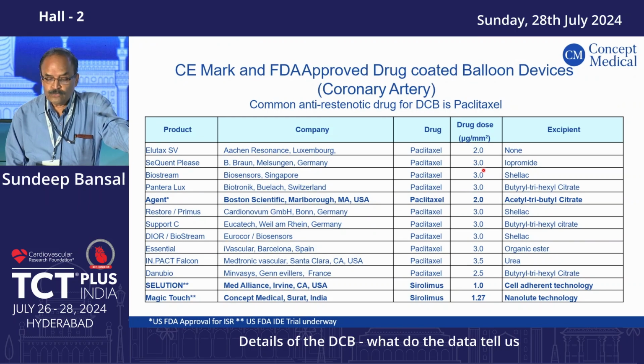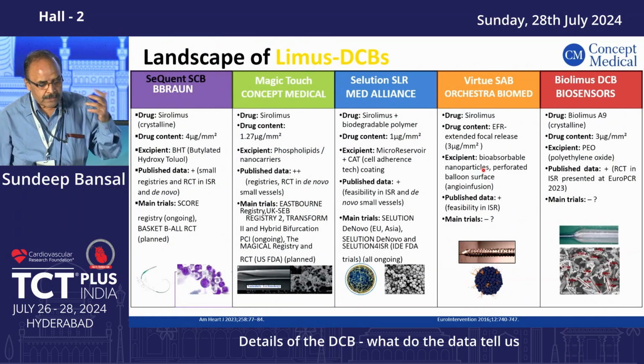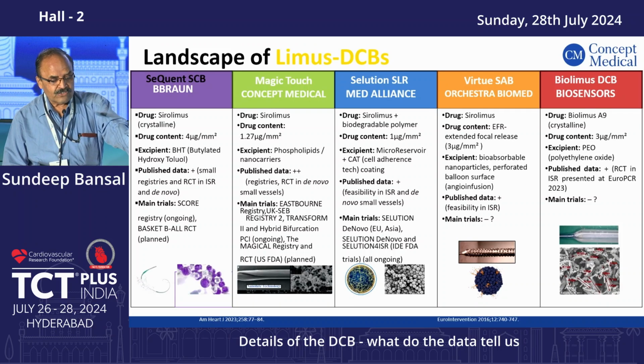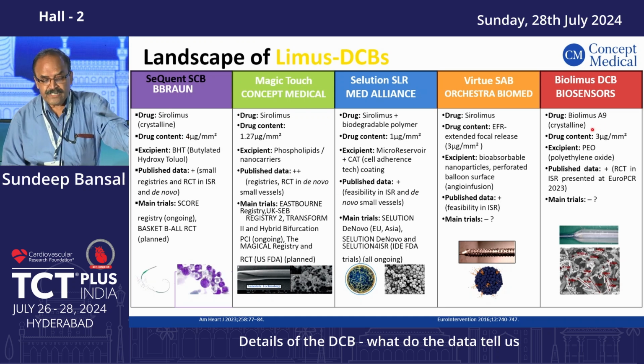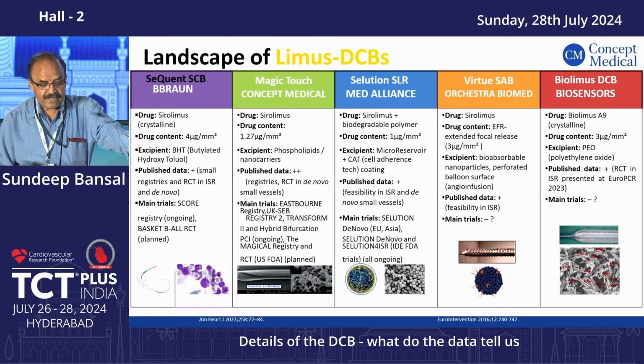But there are a few which are sirolimus based now, and this perhaps is by and large the most exhaustive list that I could lay my hands on, of 5 different types of limus based drug-coated balloons that are available.